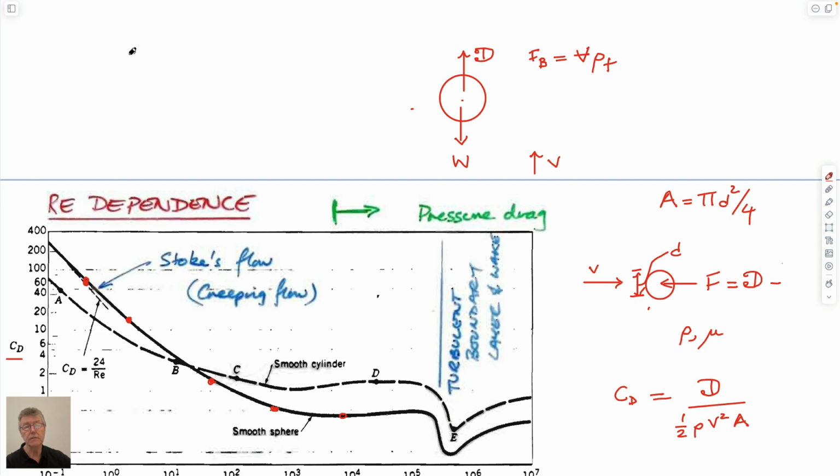And then you can just do a force balance, that W equals squirrely D plus buoyant force.